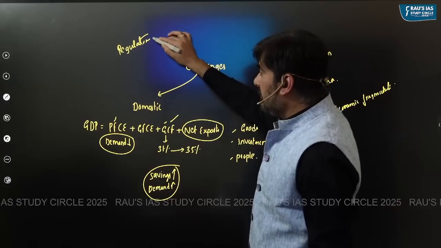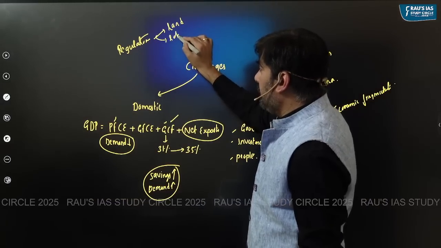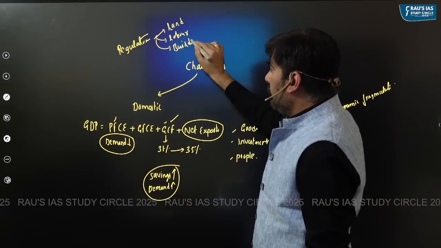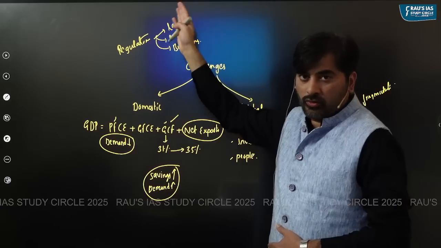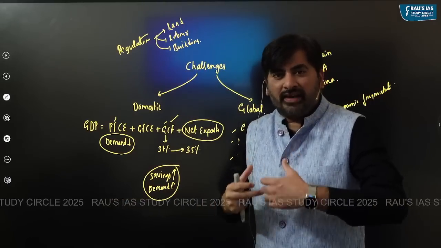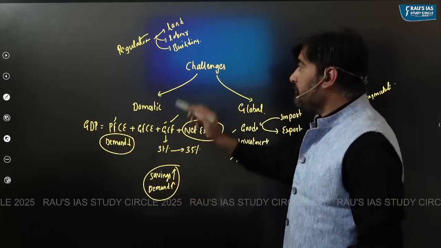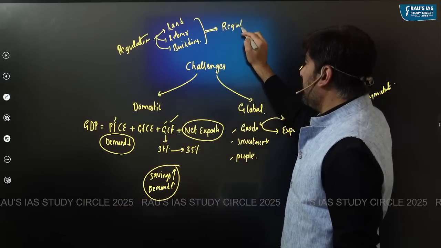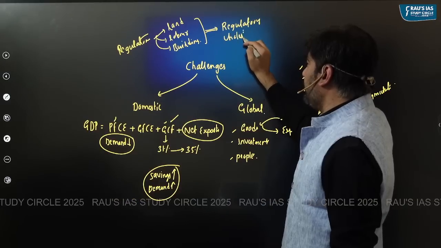Factors of production are land, labor, buildings. So the economic survey has highlighted that government regulations with respect to utilization of factors of production are very, very stringent. And because they are very stringent, the problem it is leading to is a classical problem which was even highlighted earlier as well.